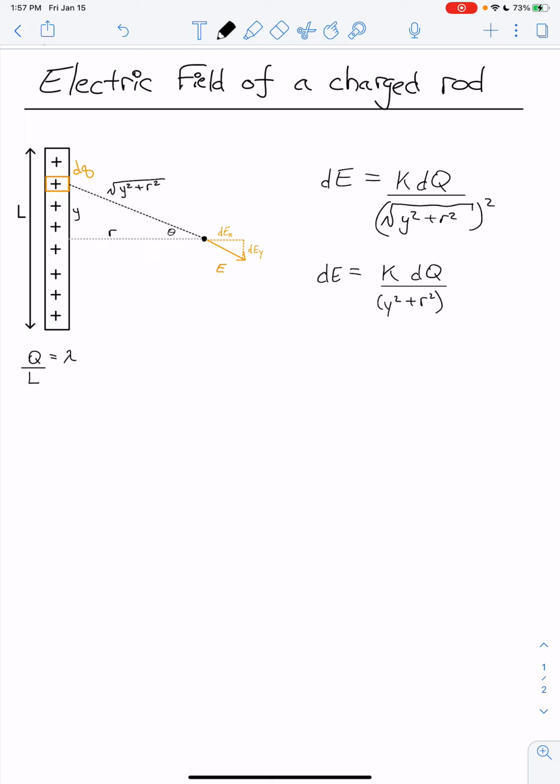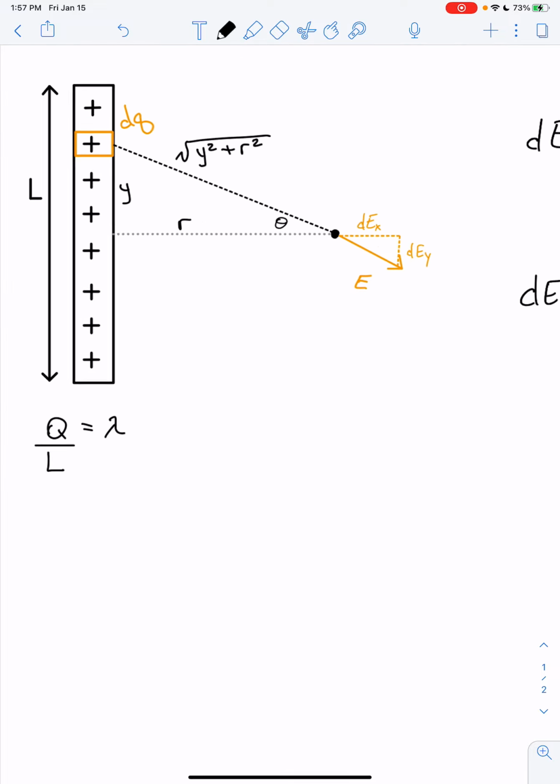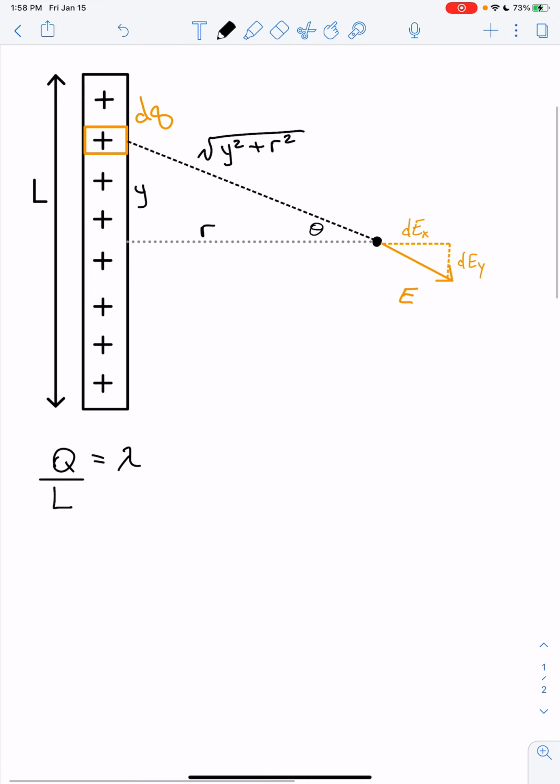So the other thing that we want to consider is, well, what would be the electric field in the x direction? Because let's take a look at what's going to happen when we integrate along L to capture the contribution of every little piece.